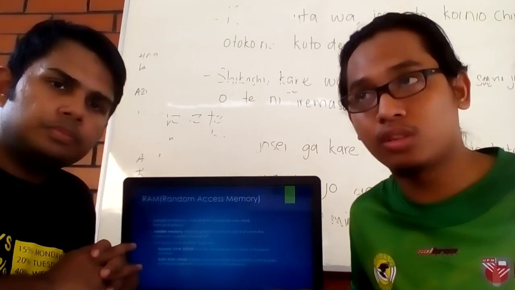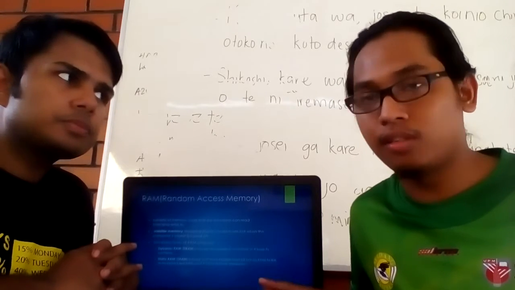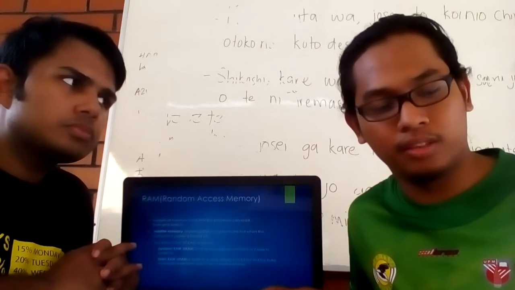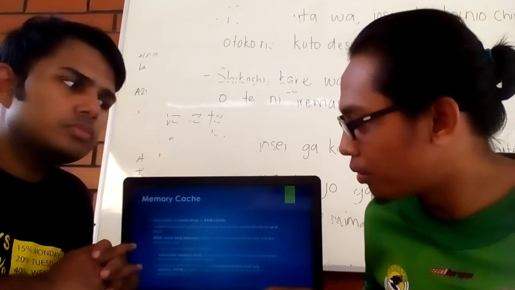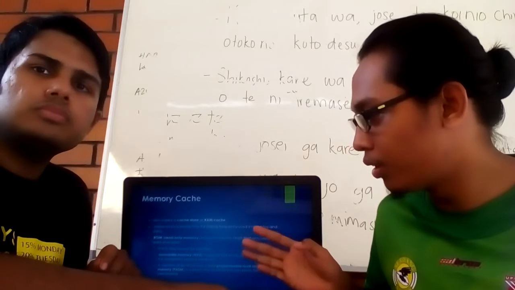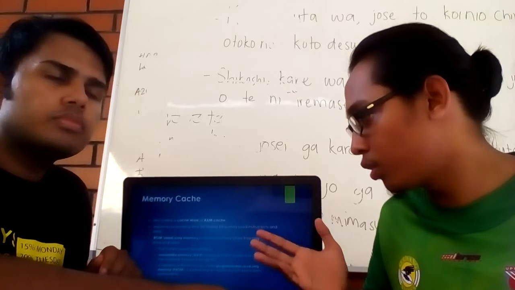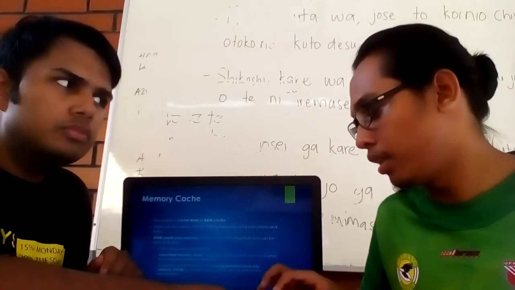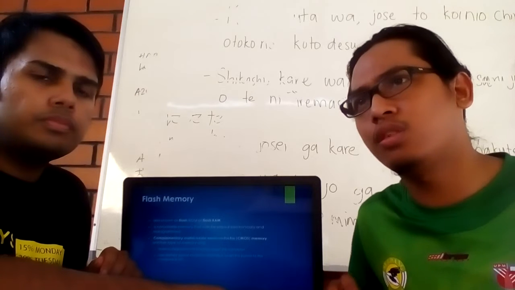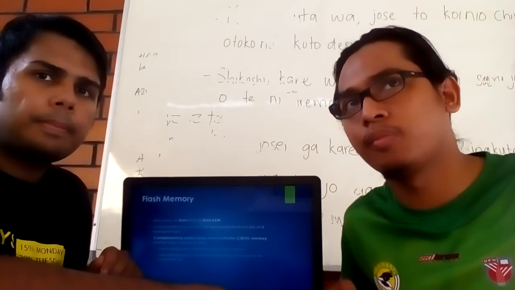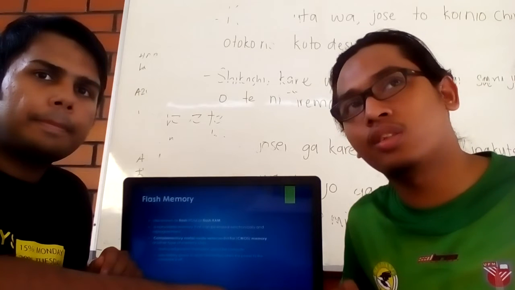RAM consists of memory chips that the processor chips can read from and write to. Memory cache is called a cache store or RAM cache, and improves the processing time by storing frequently used instruction data. And the flash memory can also be known as a flash drive, like a thumb drive, and can store data outside the computer.